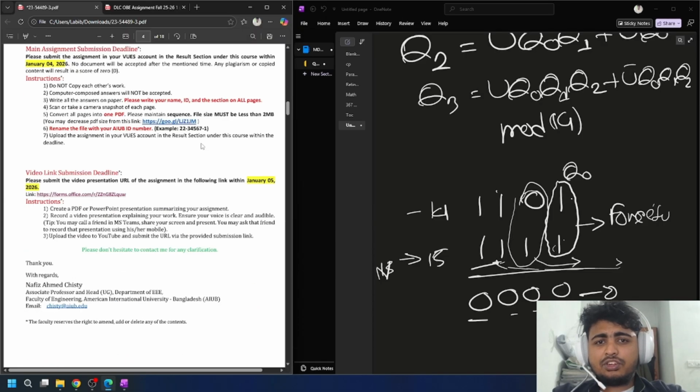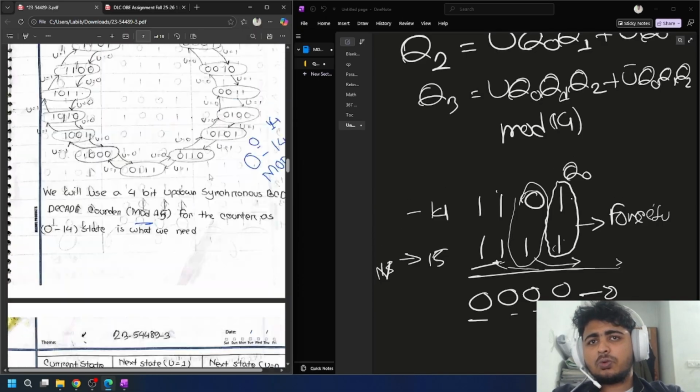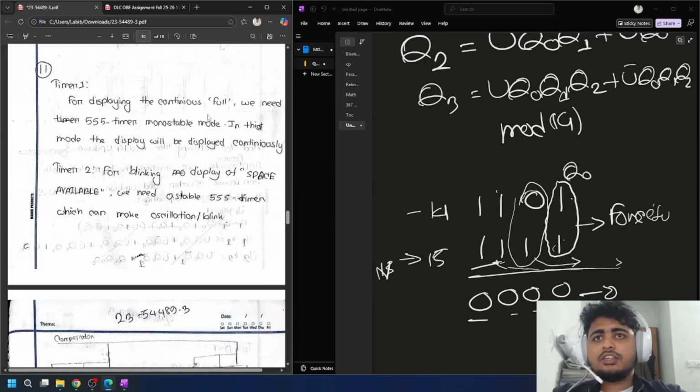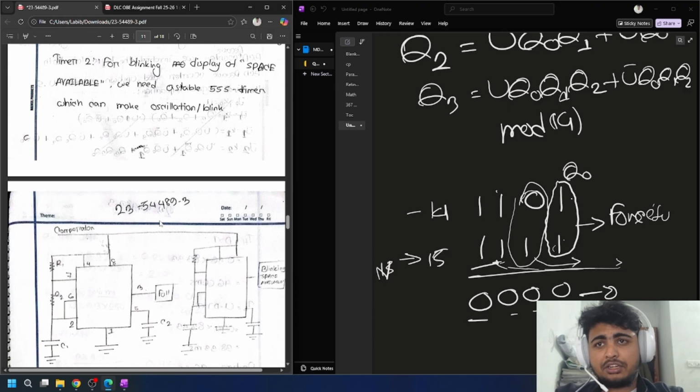For that we are going to use two 555 timers. A 555 monostable timer will continuously display for full, and for the blinking display a 555 astable timer will do the oscillation and the blinking part.